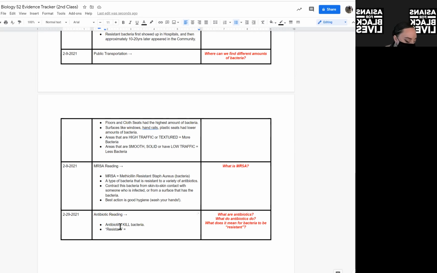What does it mean to say that bacteria are resistant to antibiotics?